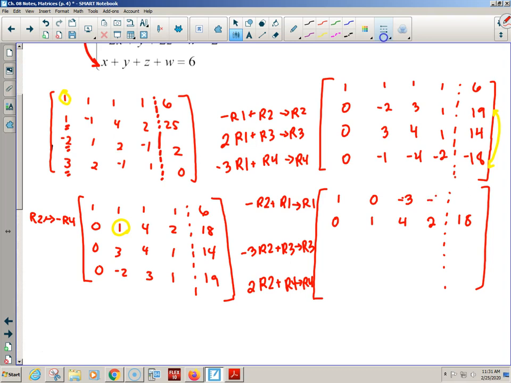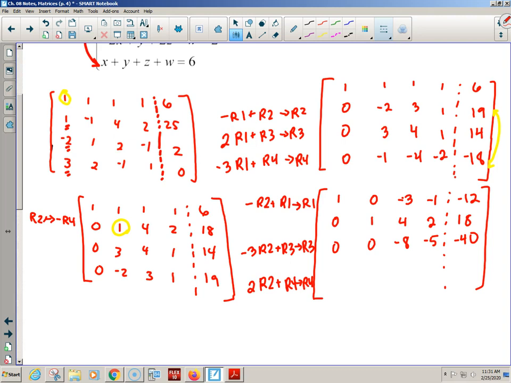Negative 12? Negative 40? Yes, 3 times 18 is 54.